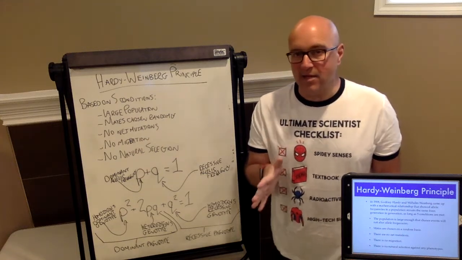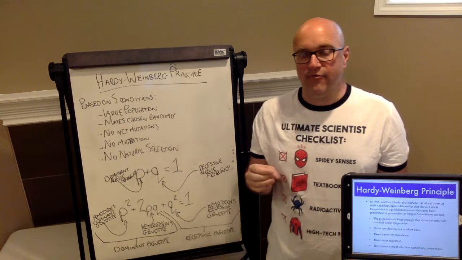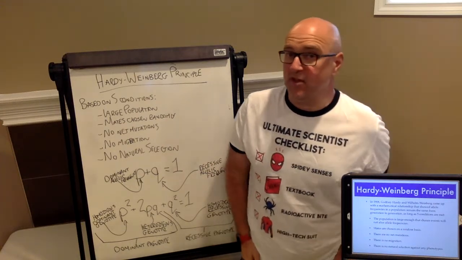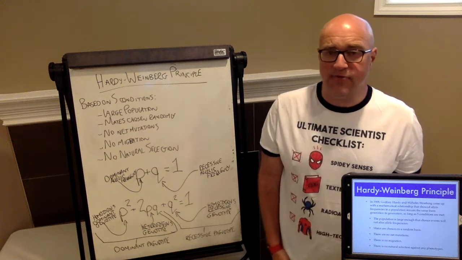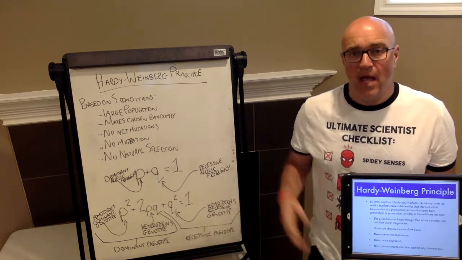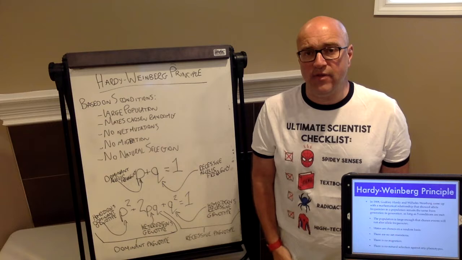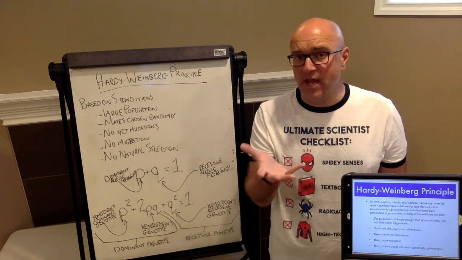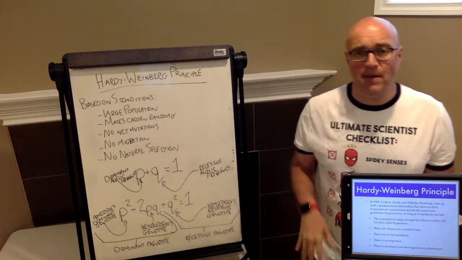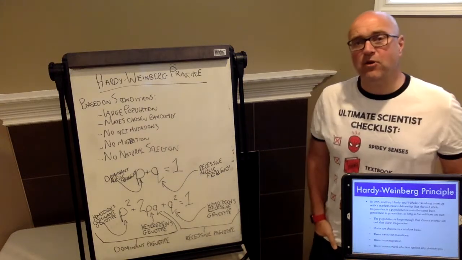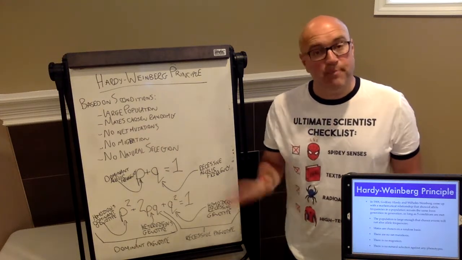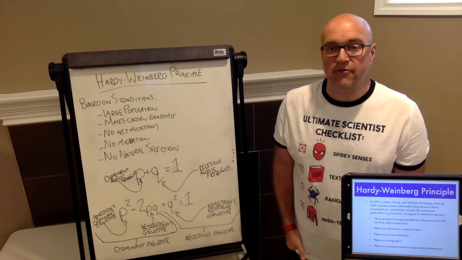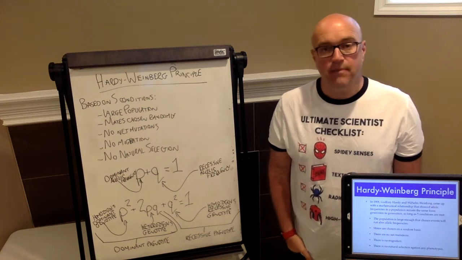So let's say you had a frequency of 60% of the dominant allele and 40% of the recessive allele, as I indicated in our last video. That ratio is going to stay the same if five things happen in the population. Now, this rarely ever happens in nature, but if these all occur, then in theory, an allelic frequency will not change in a population.